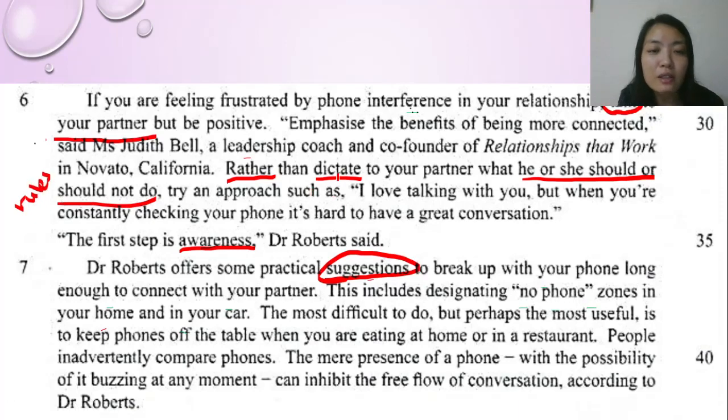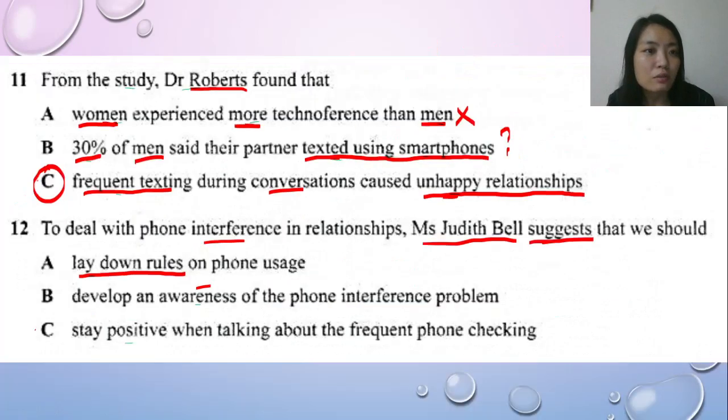But it says here rather than dictate, that means instead of telling them. So maybe it means here don't give the rules. Okay, never mind. Go back to the question. So maybe, probably not. She didn't suggest this. Don't lay down the rules. But maybe you're not sure yet. Never mind. Look at the next one.